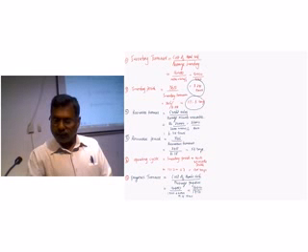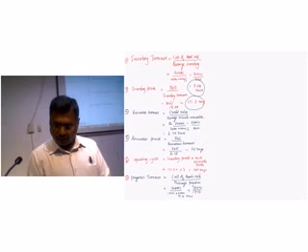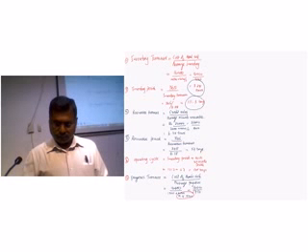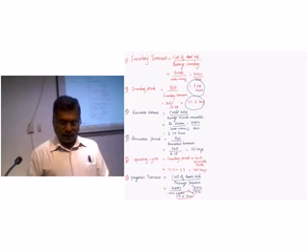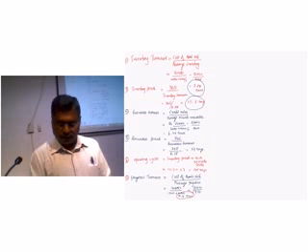It's 1,750. So therefore 16,400 divided by 1,750, we obtain roughly 9.4 times.